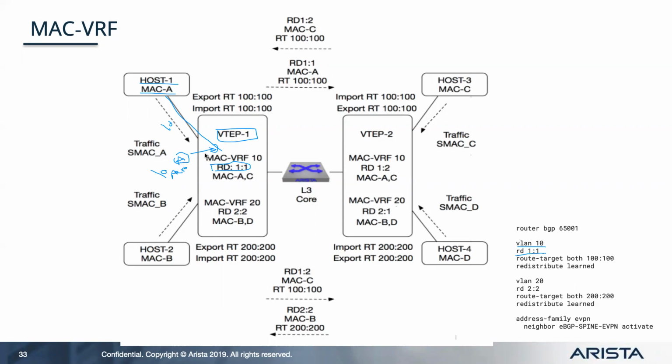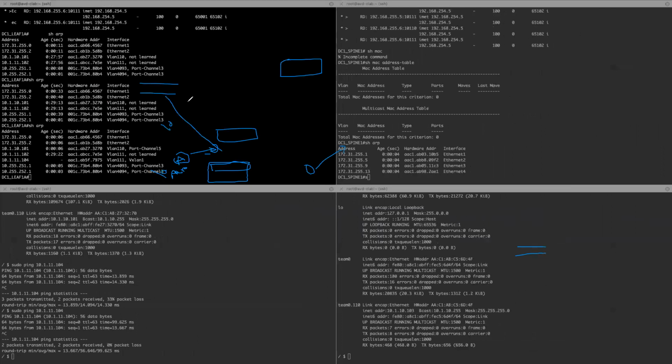Now your route will be MAC A and this RD. So this is one route with RD, and then you have to advertise it to the spine device, or finally send it to the other VTEPs. This is your RD plus MAC A, one combination, which I have shown you here.